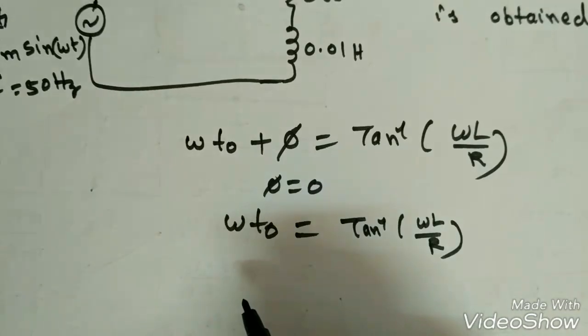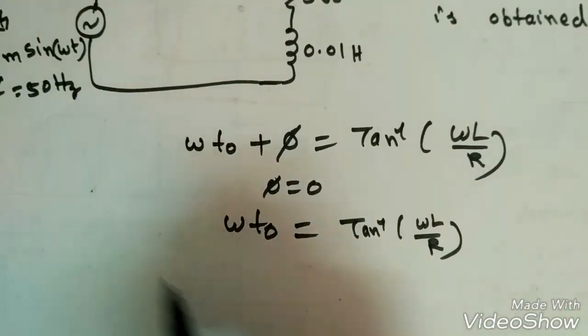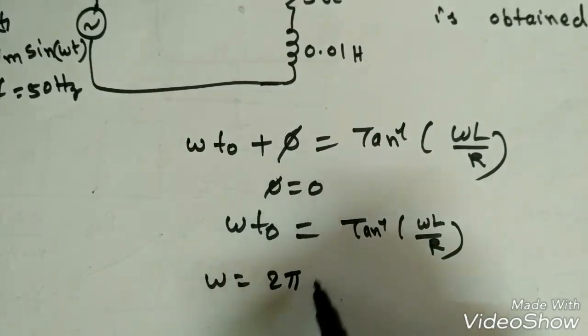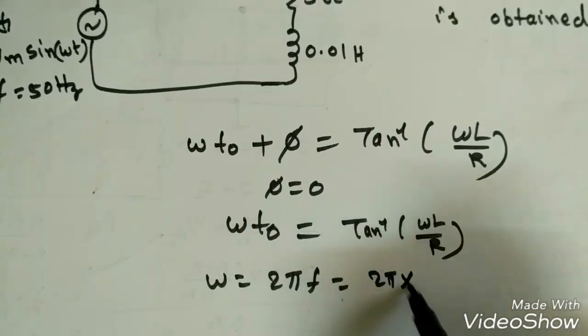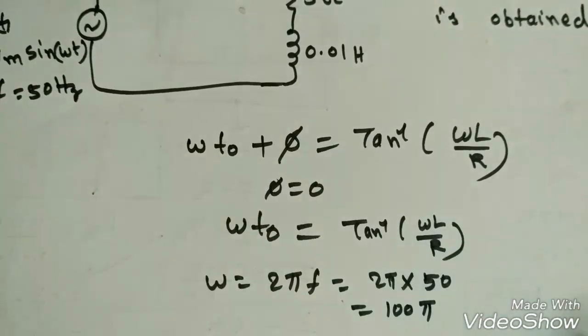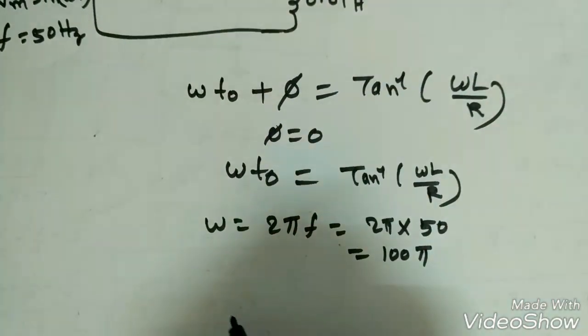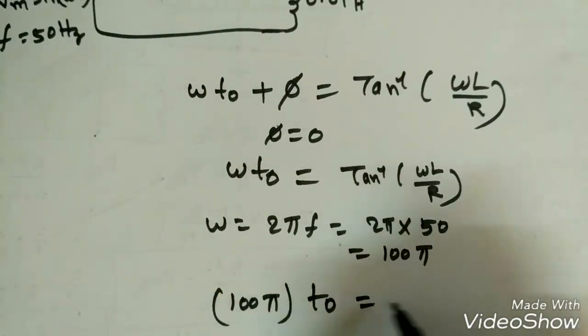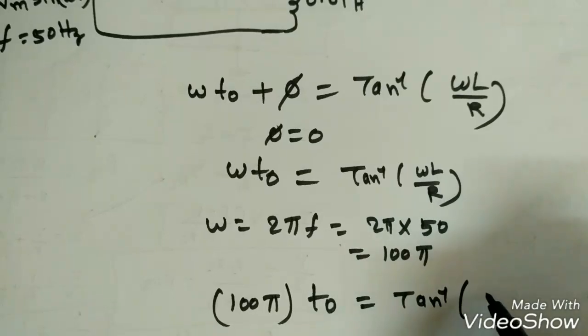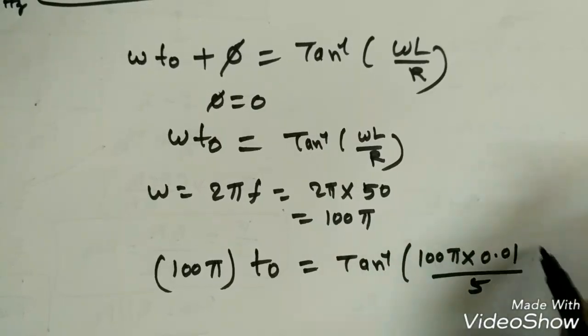Now to find t naught, what do we need? Omega. f is given, so what is omega? 2 pi f, so 2 pi into 50, that is 100 pi. Now if I substitute omega, L and R: 100 pi into t naught is equal to tan inverse of 100 pi into 0.01 by 5.